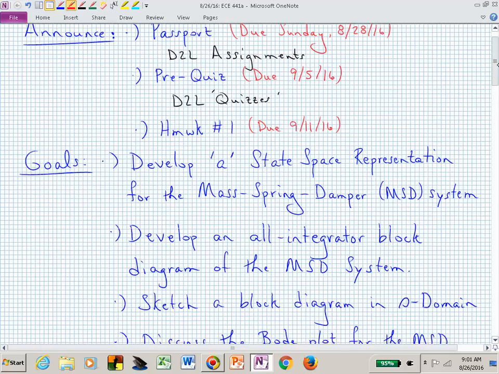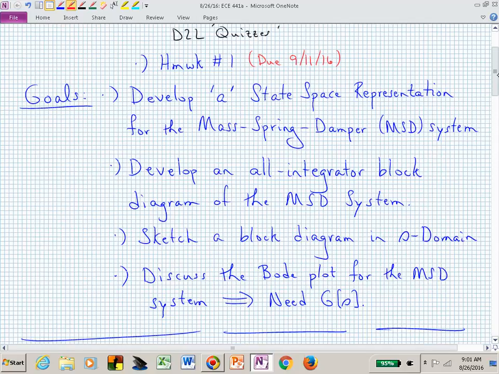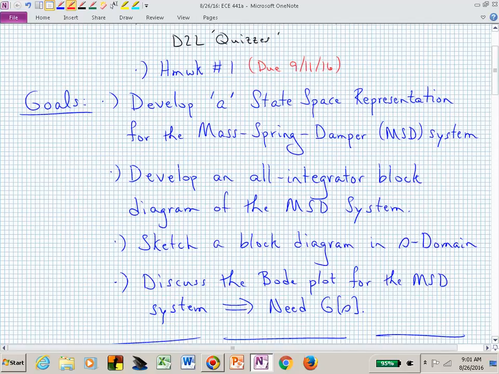What I want to do today is develop a state space representation. We got a good start on that last time, and we'll quickly scroll through what we did and jump into trying to define our matrices in the state space representation.